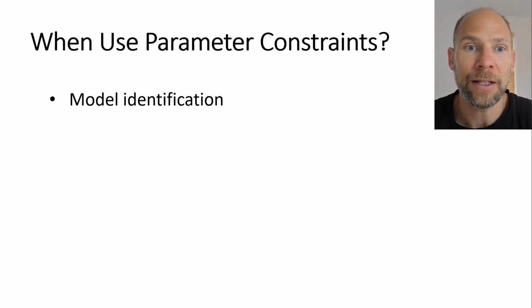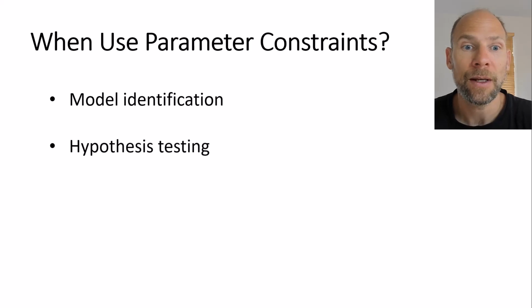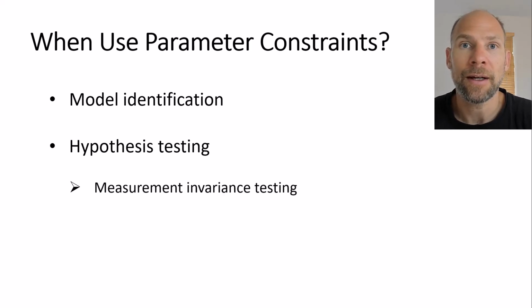So that's one area where parameter constraints are routinely used, and in fact that is the case probably in all confirmatory factor analysis and structural equation models, that you have certain parameter constraints that are related to model identification. Next, we saw that parameter constraints can also play a role in hypothesis testing, and here especially in the area of measurement invariance testing, we employ typically equality constraints.